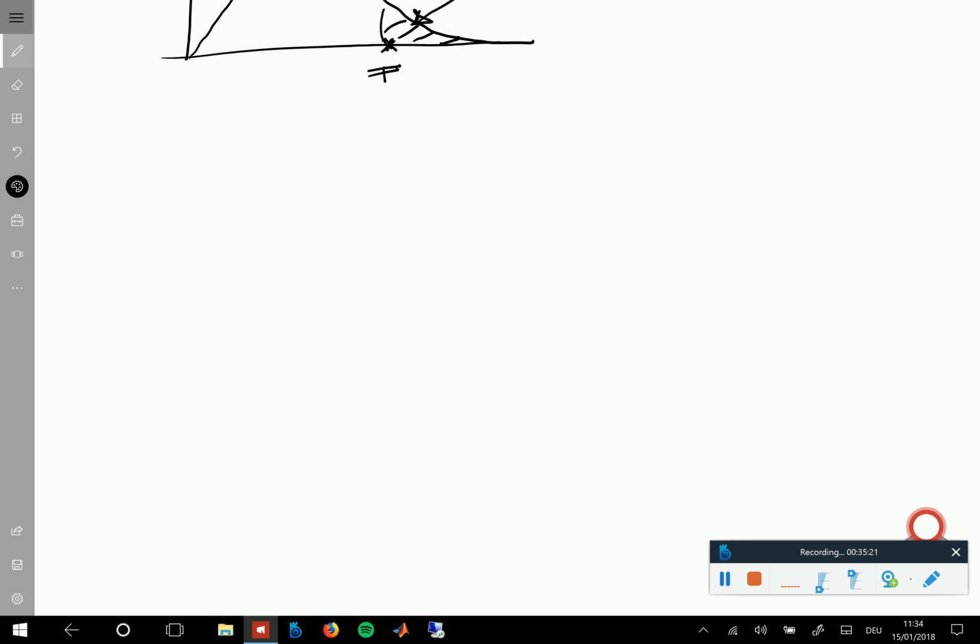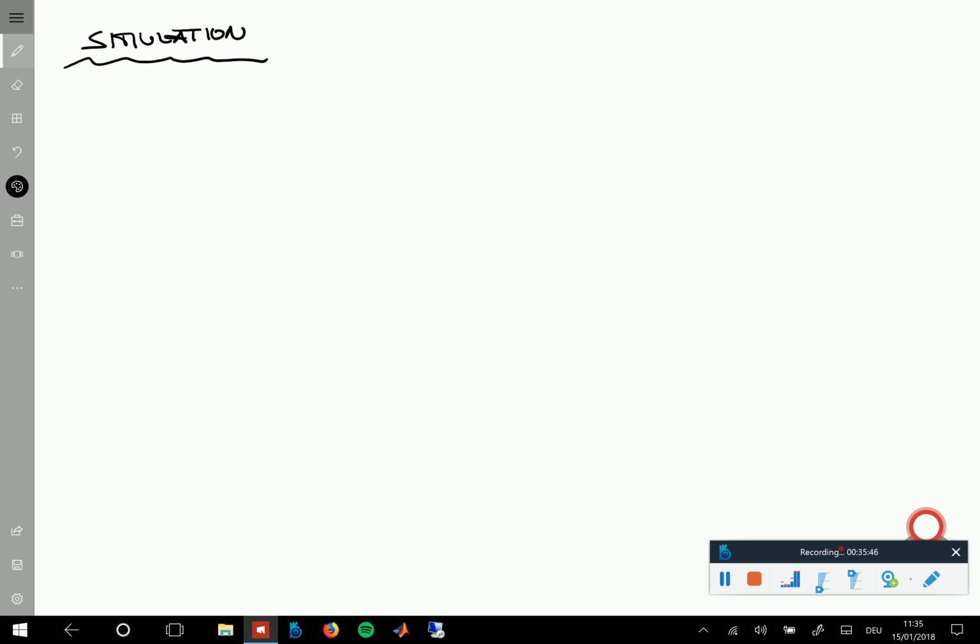Now, let's finally have a look at a simulation of the whole thing, which is what you have in figure 12.2. The example here is simple linear regression, like always.